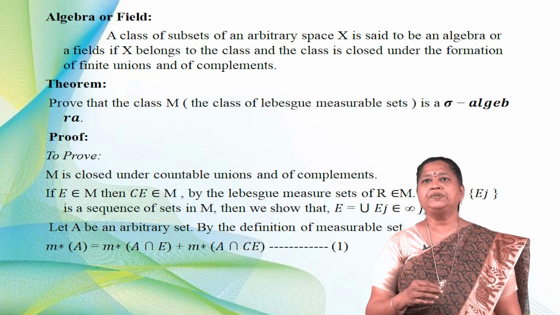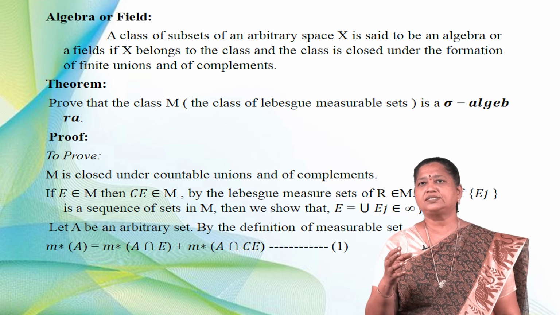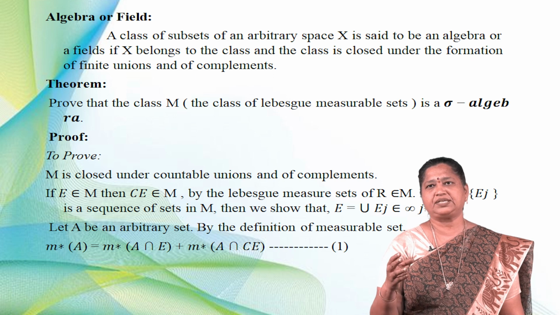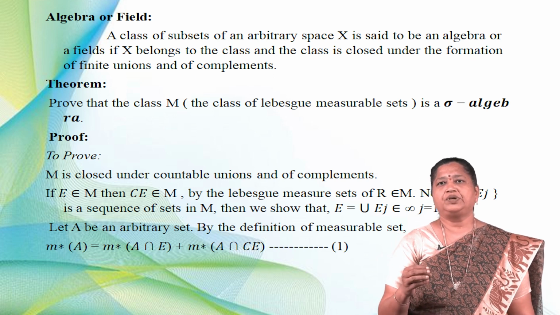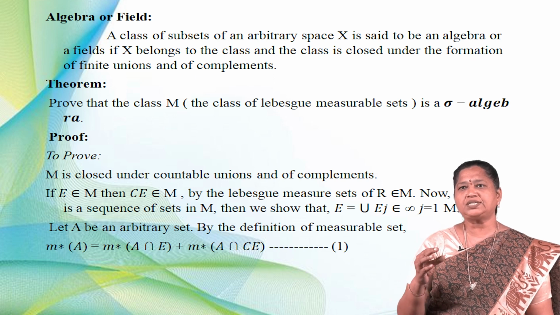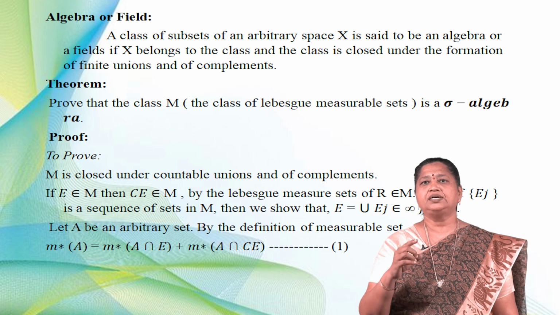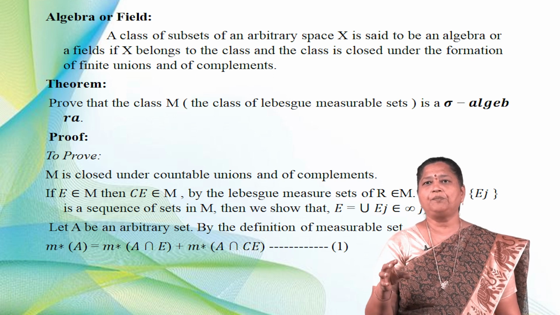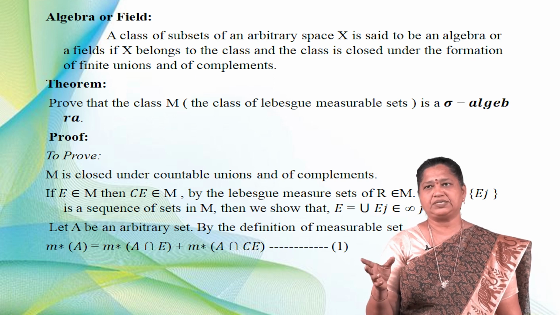The next theorem: prove that the class script M, the class of Lebesgue measurable sets, is a sigma-algebra. Proof. We will prove M is closed under countable unions and complements. For this we take the measurable set E belonging to M, and the complement E^c also belongs to M by the definition of Lebesgue measurable sets.